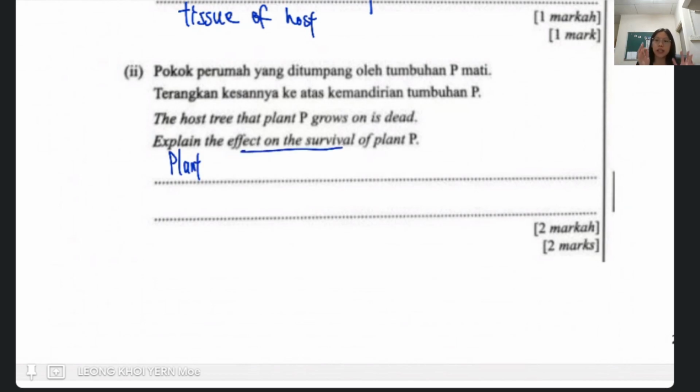So yeah, you can say what happens to plant P first, the effect on the survival. We have to emphasize what happens to the survival. You don't have to straight away enter the point and explain. You state what happens to the survival. Yes, it will continue to survive. Plant P continues to live. So this is the first mark. You can get it easily. But if you guess it wrongly, then no choice, okay?